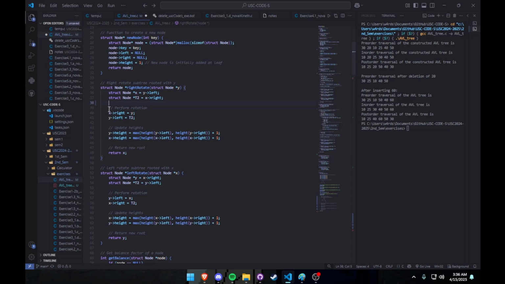This is basically the same thing, right? So you're using a temporary value, which is x, and then after that you are going to rotate it. So you're using t2 to store x pointing towards the right, which in this case should be whatever is the right of y to the left. So now y to the right is equal to y, and y to the left is equal to t2, which made it rotate towards the right.